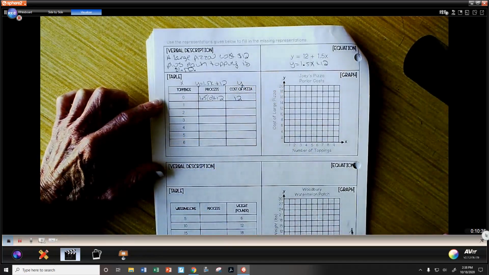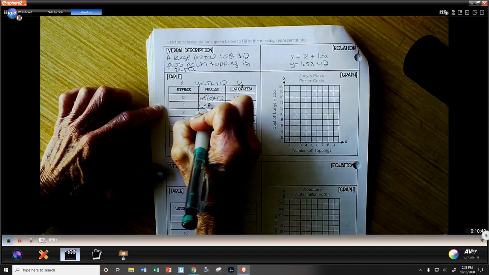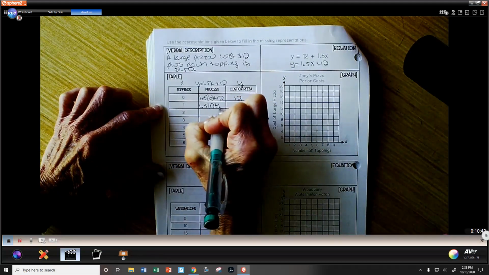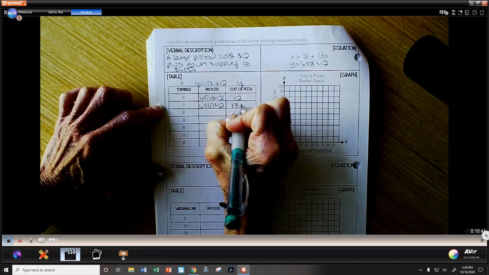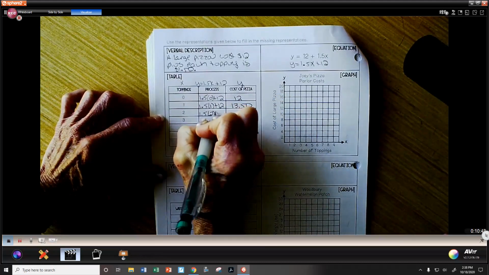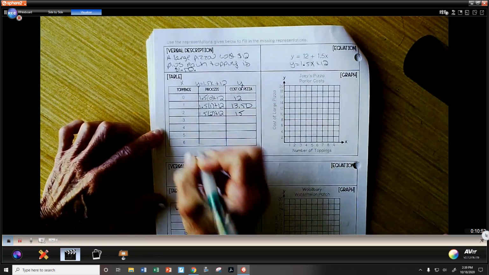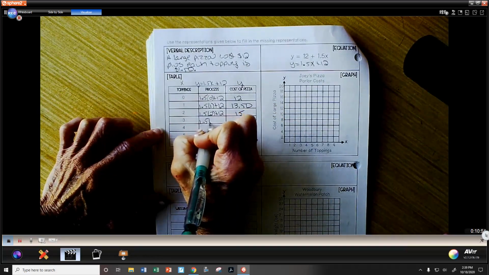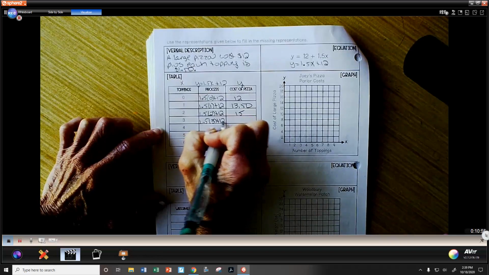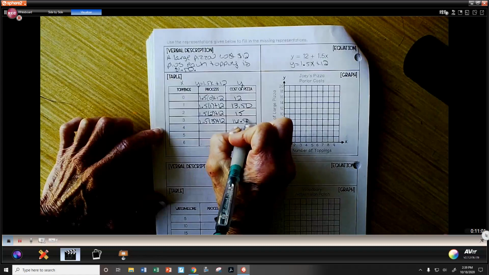So 0 toppings, $12. 1 topping will be $13.50. 2 toppings will be $15. 3 toppings will be $16.50, I do believe.